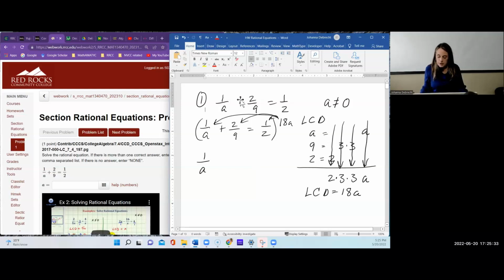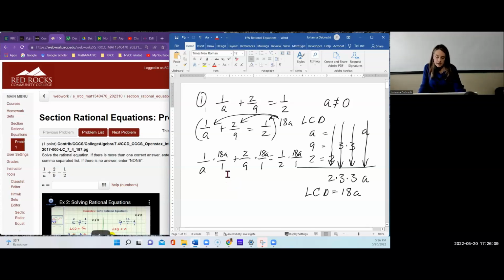Remember, terms are separated by plus signs, minus signs, or equal signs, where the plus and minus are not inside parentheses, not inside fractions, and not under radicals. They also can't be in absolute values. That would give me 1 over a times 18a over 1 plus 2 over 9 times 18a over 1 equals 1 over 2 times 18a over 1.